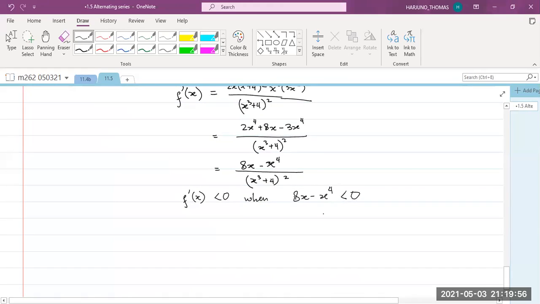And this is 8x is less than x to the 4th. Now our x is greater than or equal to 1, that's our limitation, so I can divide by a positive number.